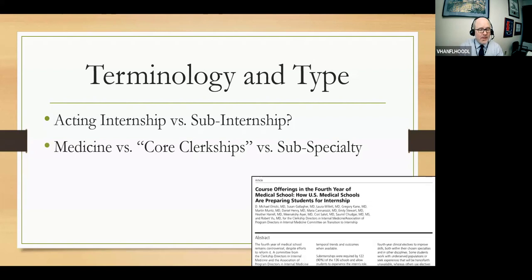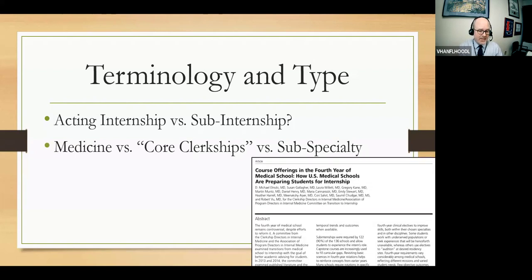And then there's getting into the context, the type of AI. This is from 2014, and the authors here, Dr. Elnicki and some other folks, two of the members, Susan Gallagher and Martin Muntz, I just want to mention their name.